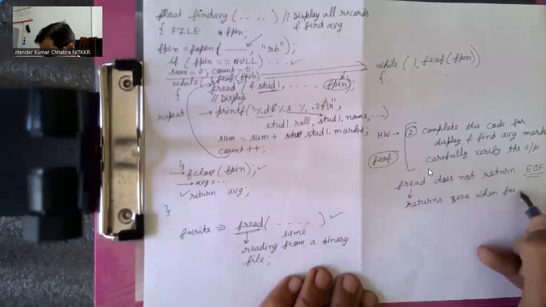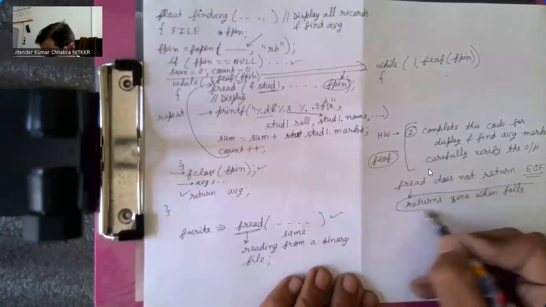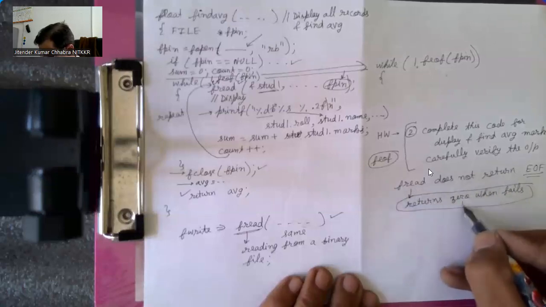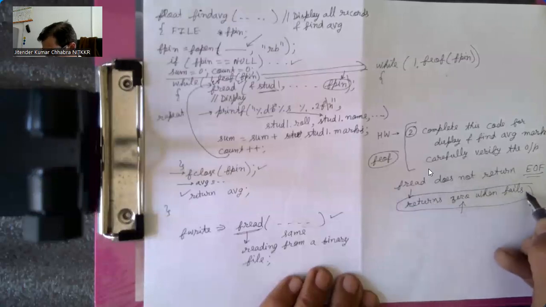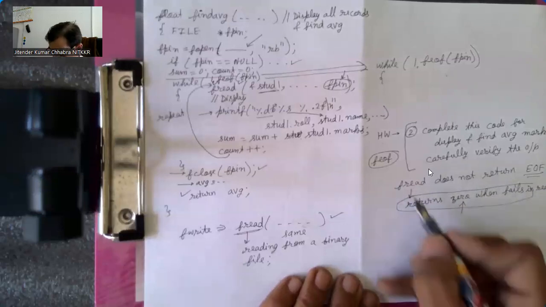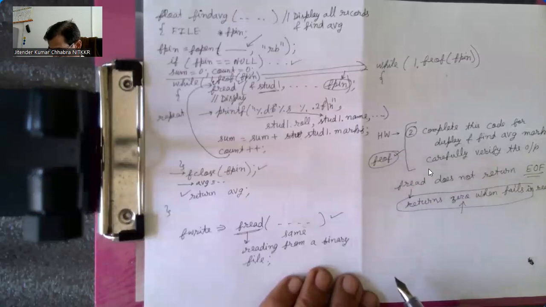So EOF is not to be used. fread returns 0 whenever it fails in reading. So you can use that, but coarsely we have used feof.